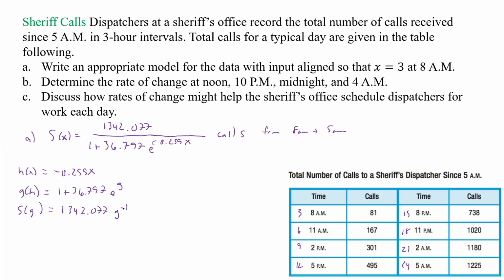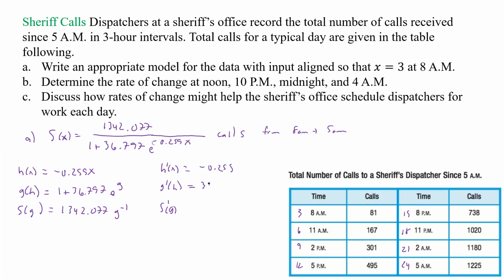We're going to say it's to the -1 now, because that way it's easier to take our derivatives. Now we need to take a derivative of all those: h prime of x, g prime of h, and s prime of g. So this is going to be a negative 0.259.